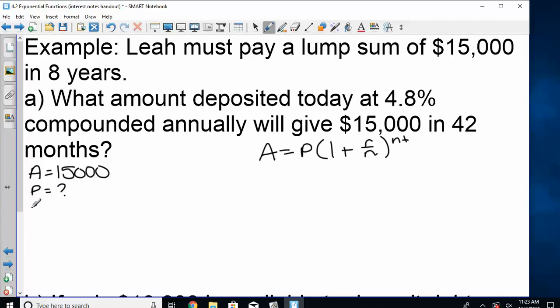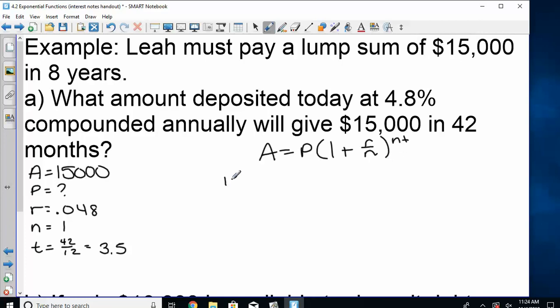My interest rate is 4.8%, so we would do 0.048. Compounded annually. So what is my N? 1. Annually is once per year. My time, 42 months. How would I change that into years? 42 divided by 12 is 3.5. Once you have this, it's just a matter of plugging it into your formula.